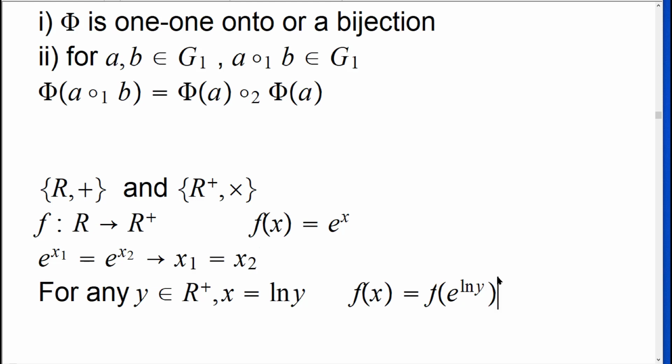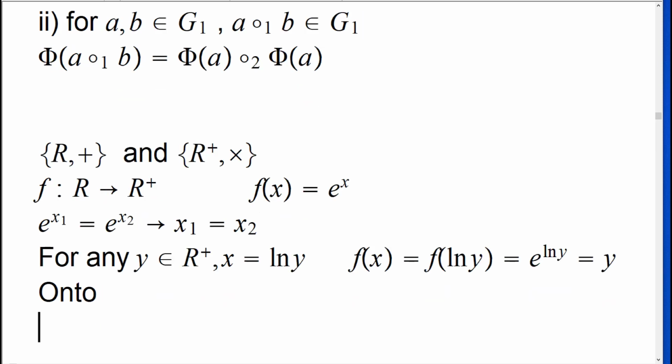That equals, no, not e to the power ln of y, I'm not paying attention to myself, sorry about that, it is f of ln y, that is e to the power ln y, that will become y. So the map is onto, right?